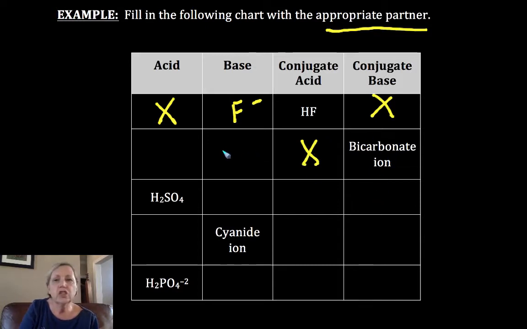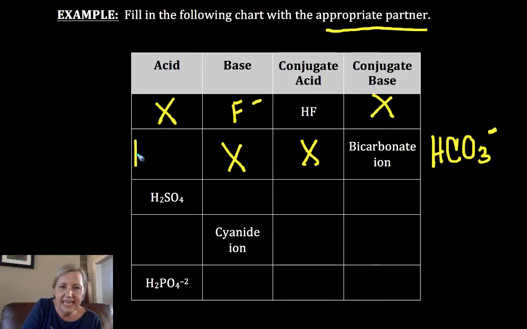Conjugate bases don't come from bases, they come from acids. So bicarbonate is HCO3 minus. It's a base. So to find its acid, I'm going to add an H, because bases gain an H and a plus. So I'd have carbonic acid.